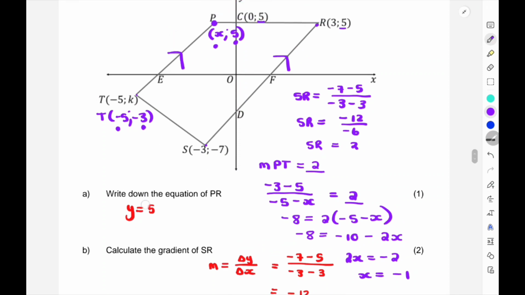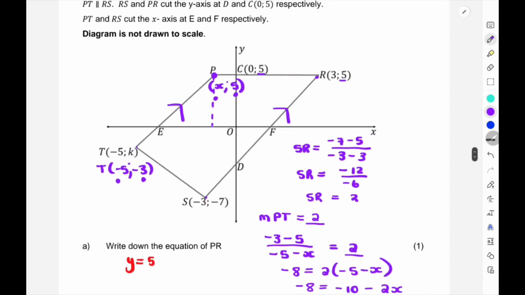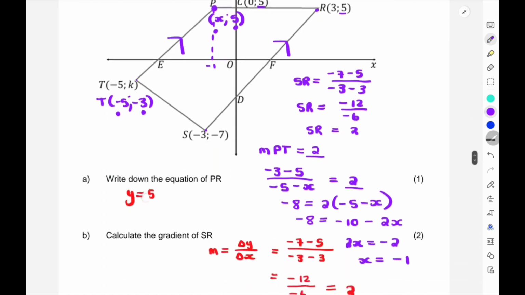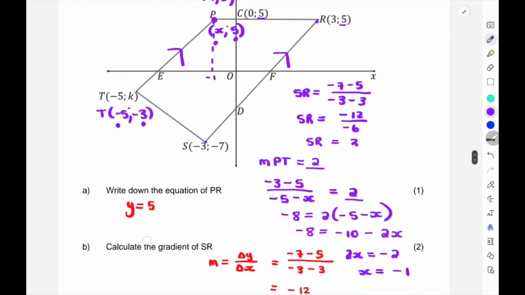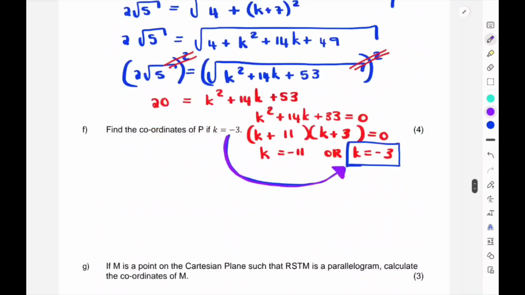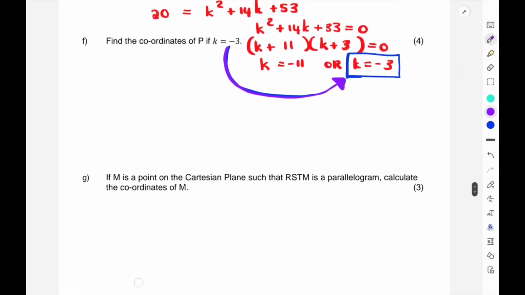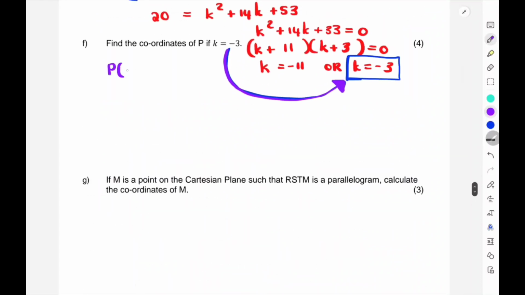Does it make sense that x is -1? Yes, it does. So P's coordinate is (-1, 5). I'm sure you could have worked it out somewhere else, but that's the way I did it.